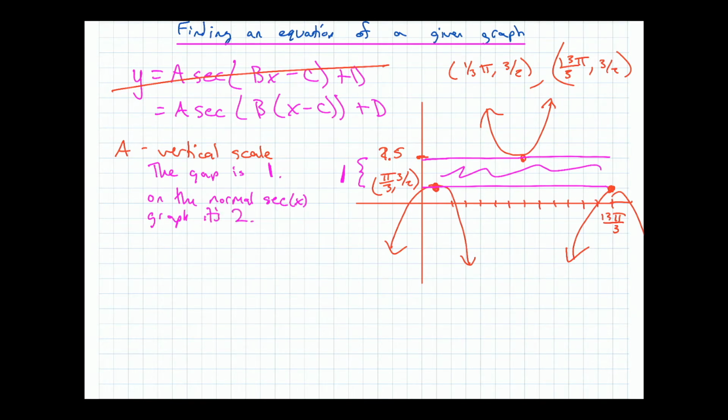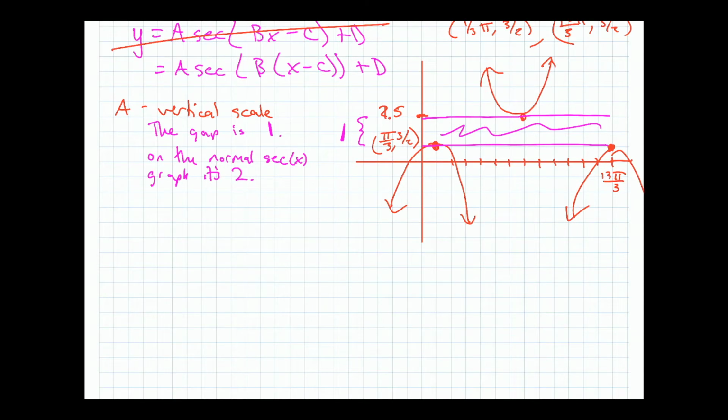On the normal secant graph, it's 2. On ours, it's 1. So in order to go from 2 to 1, it must be compressed by a factor of 2, or just half as tall. So our graph is half as tall.